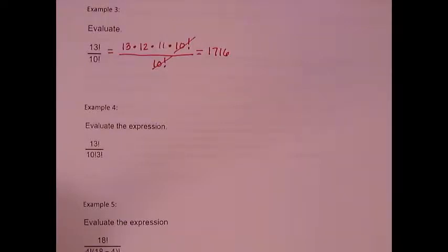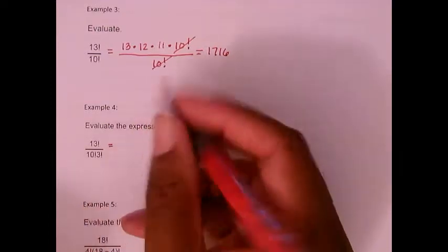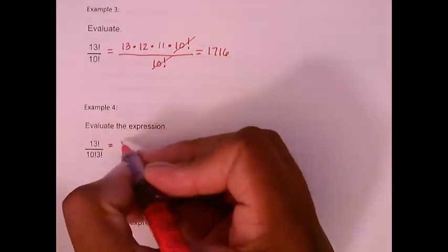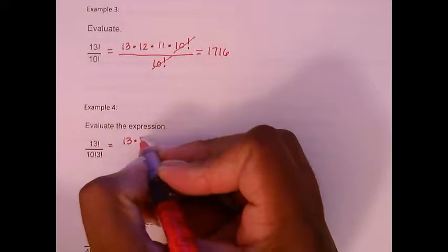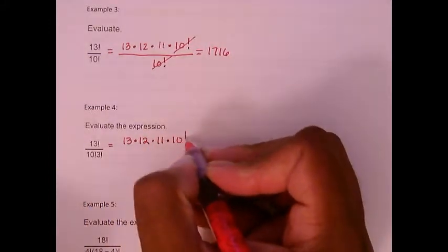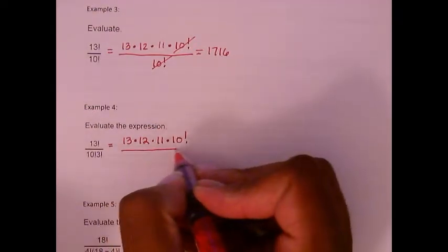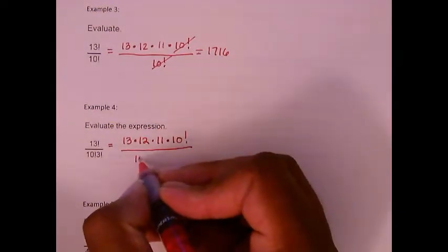Alright, example 4. Let's say we got 13 factorial divided by 10 factorial times 3 factorial. Just like I did in example 3, I can write 13 factorial out as 13 times 12 times 11 times, and I can stop at 10 because I got 10 factorial in the denominator.